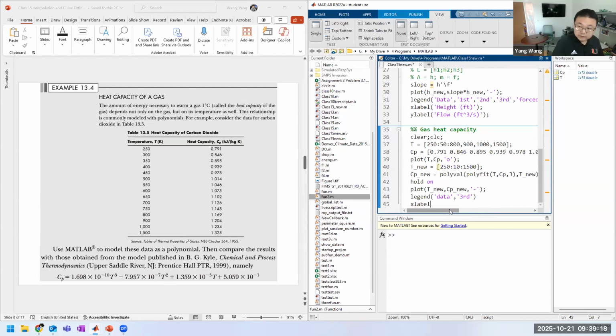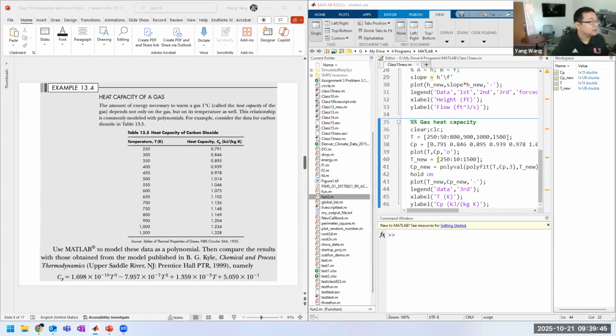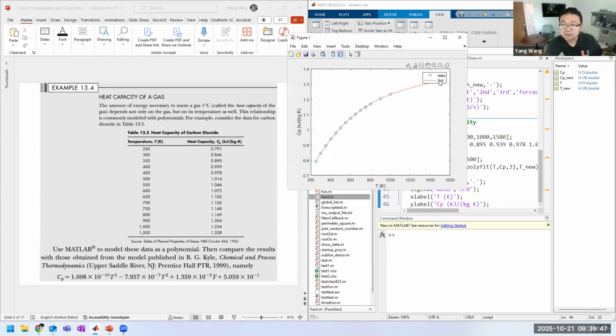X label being temperature. Y label being CP, kilojoule per kilogram Kelvin. Okay. So this is how it looks like.